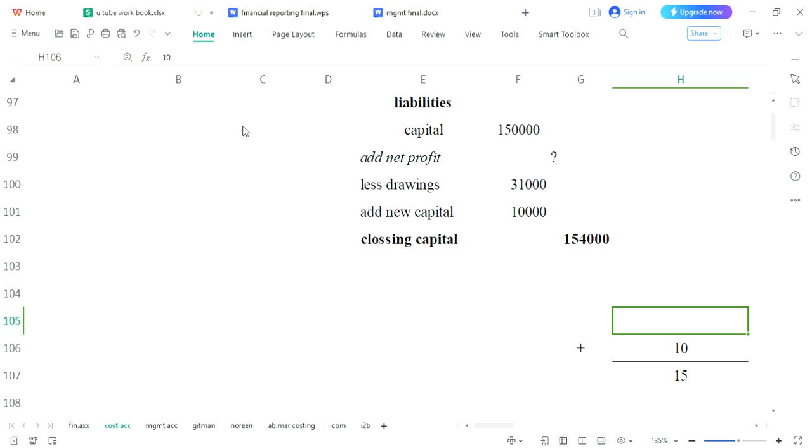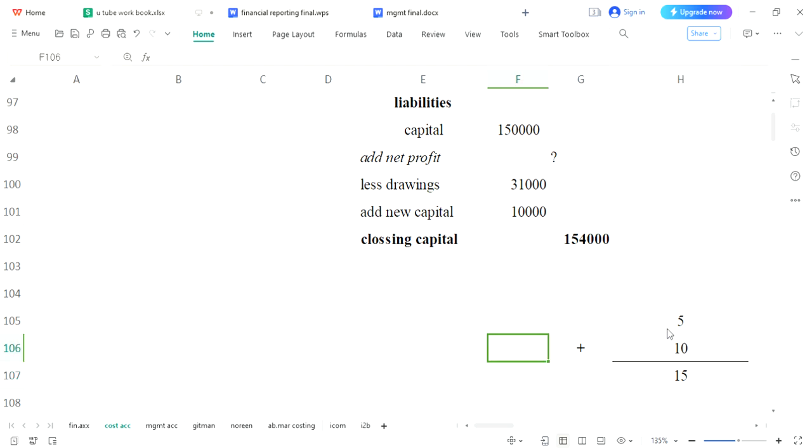So let me know what we will put over here. This is a question we usually did in primary classes. So instead of thinking, what do you do? You reverse your calculation from answer to question. Just change the sign. If it is plus, make it minus. So 15 minus 10 is 5, and that's how we have solved it. 5 plus 10 is equal to 15.